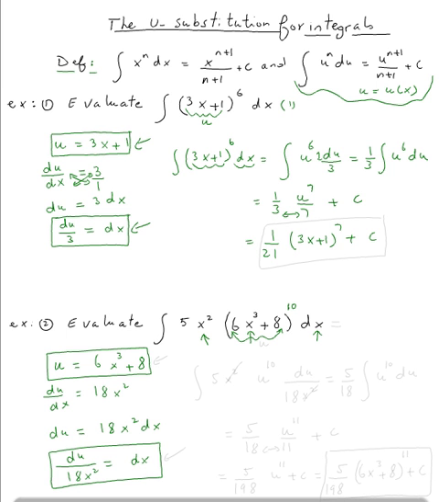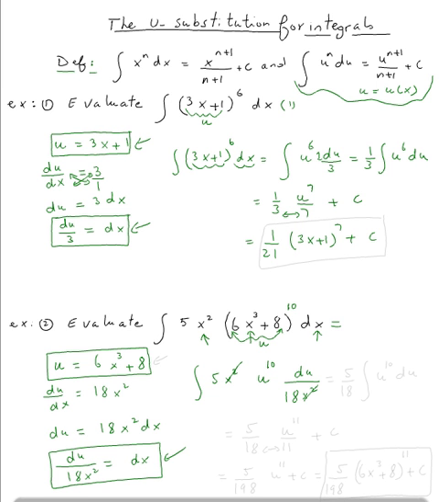So this integral is equal to 5x squared, I'm going to leave it for now, times u to the 10, since 6x cubed plus 8 is u. And the dx is right here, it's du over 18x squared. Remember, we want just the u and a du, but of course the x squared is going to go.